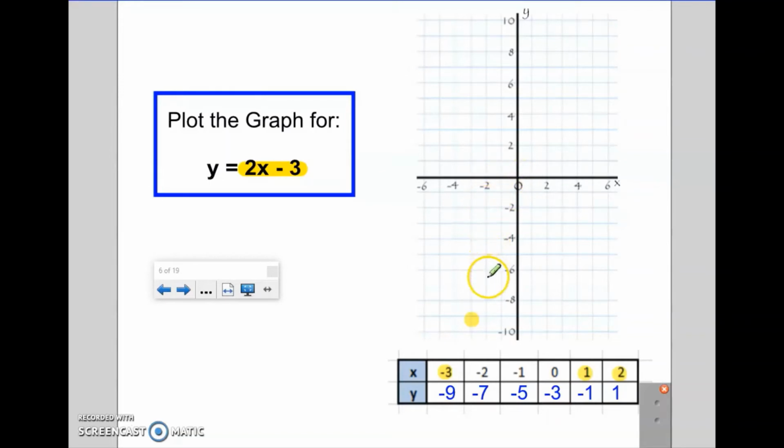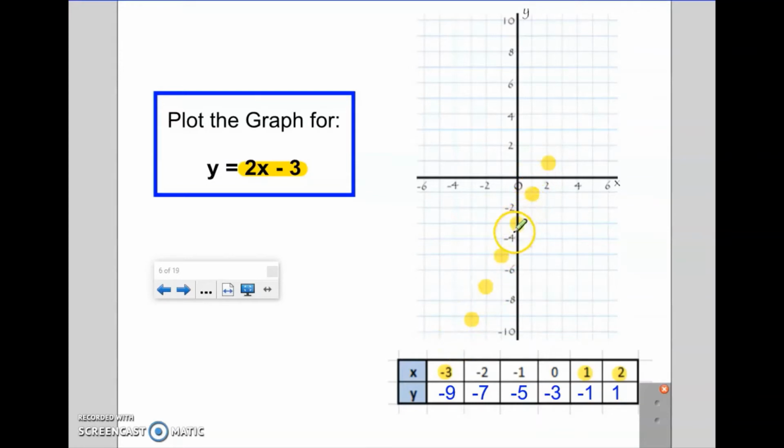-2, -7, -1, -5, 0, -3, 1, -1, and 2, 1. Again, I've made the points quite big and bulky, so it's quite easy to see the straight line that they are forming.